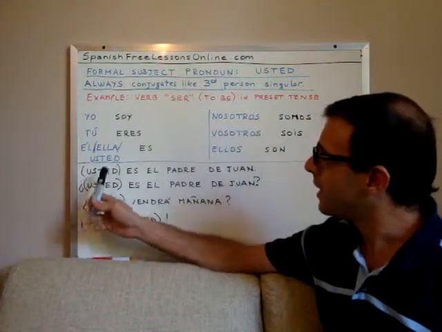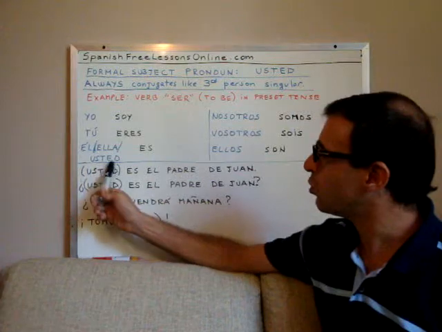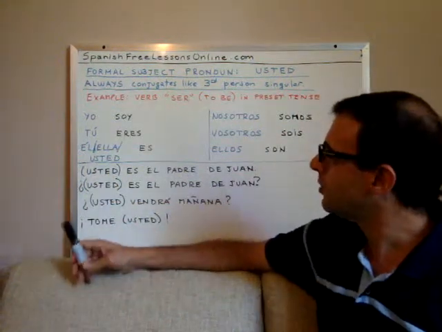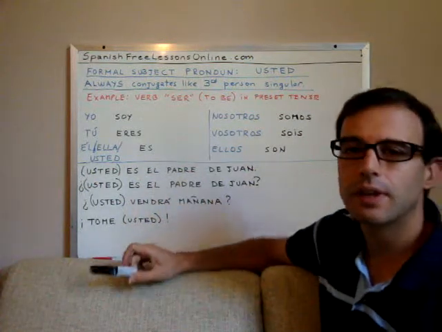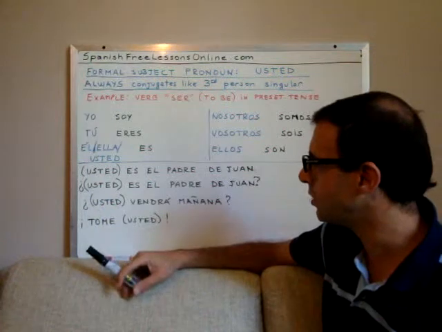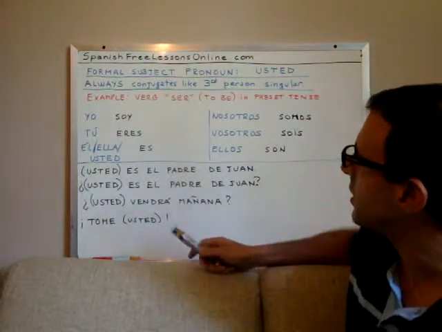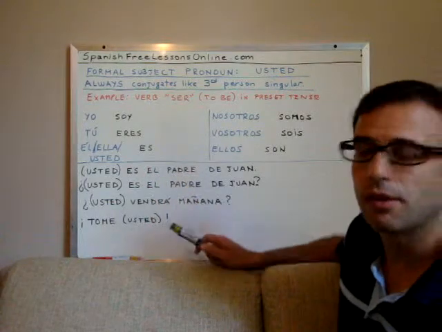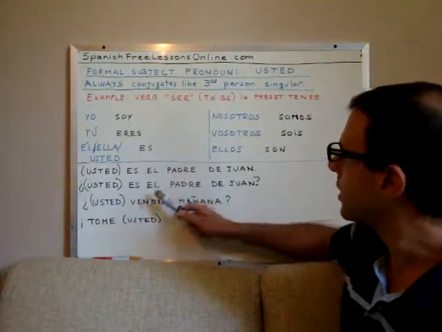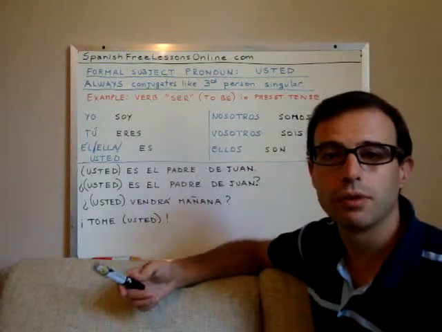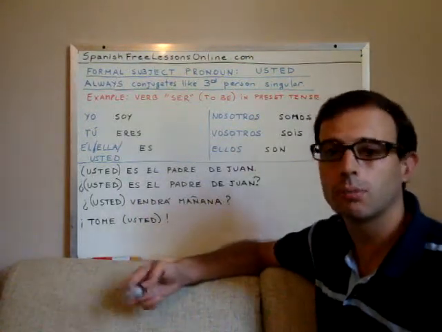So, now that we know that usted is a formal you, we will see just four examples, very basic, simple examples for you to see how to use it. Let me tell you the meaning of these words. Padre means father. Vendrá is a future tense of the verb venir, that means to come.